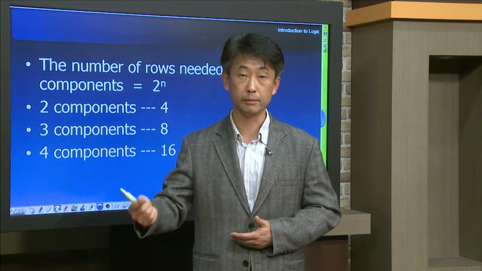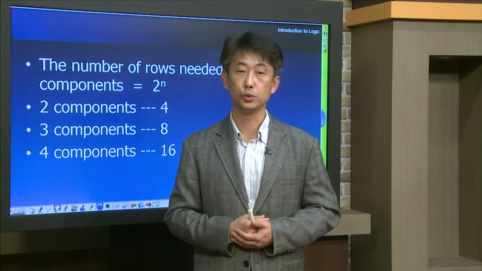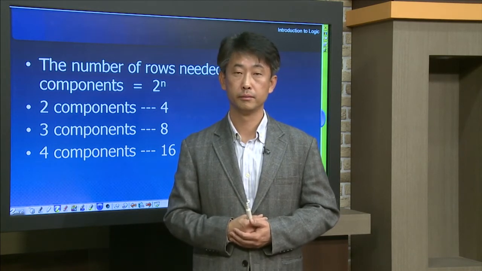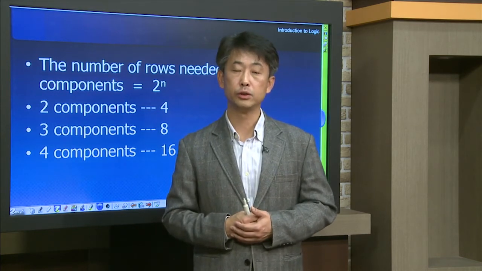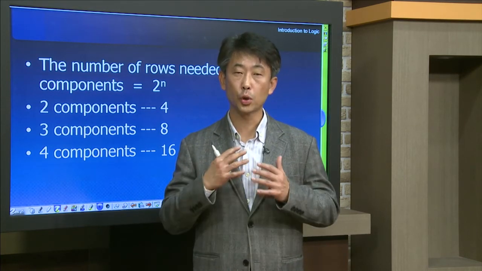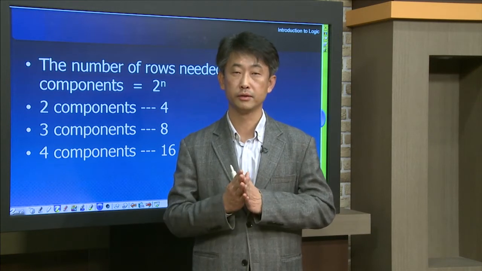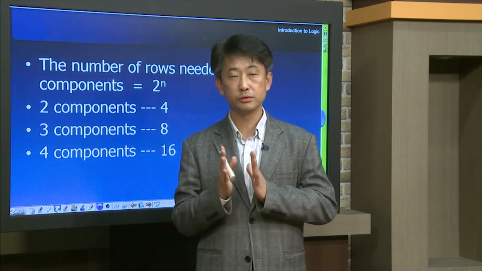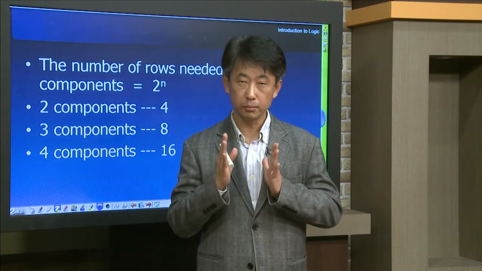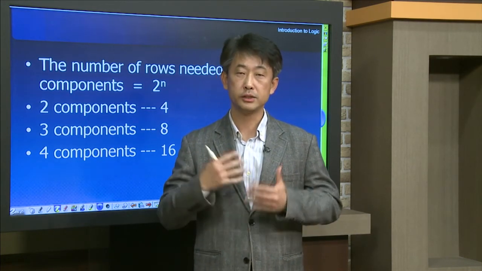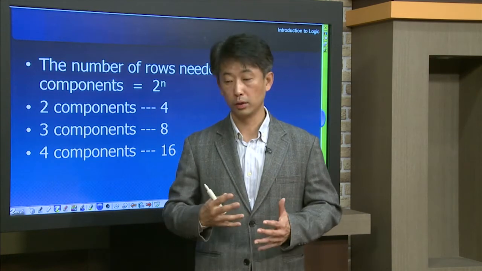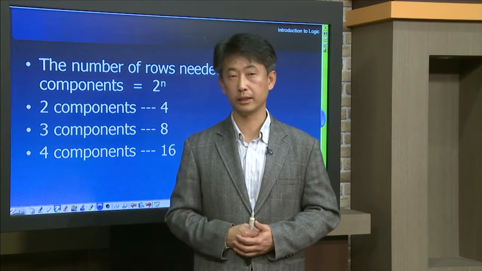It takes a long time to use the method. So in the textbook, the author introduces what's called the shortened truth table method. In principle, it works the same way, but it really saves time. So it's worthwhile to learn this technique.